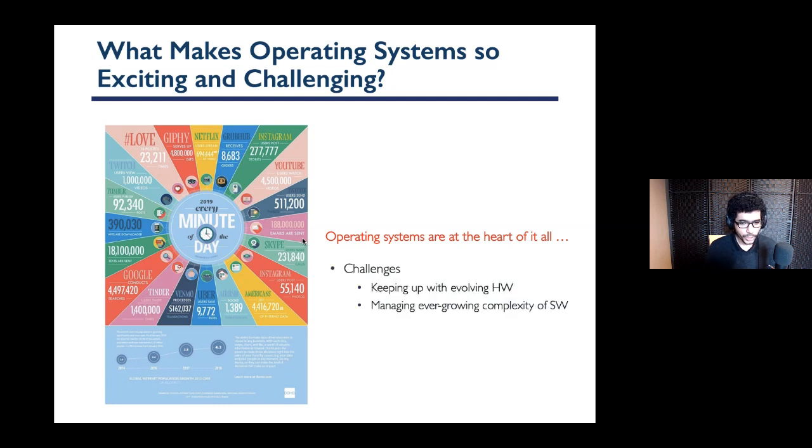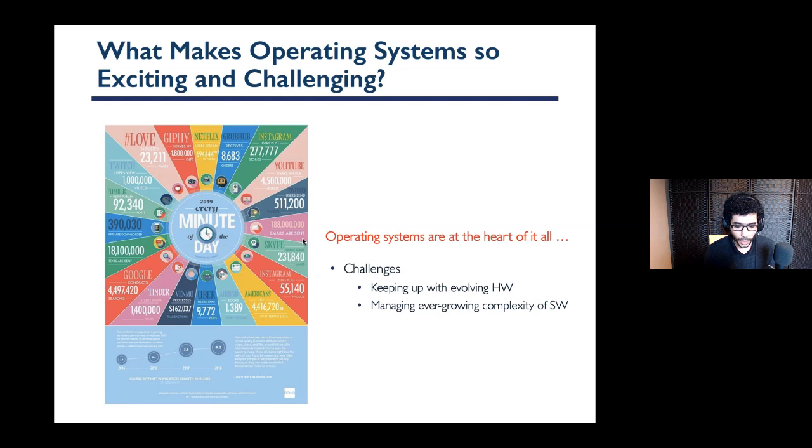Now, there are two challenges when it comes to operating systems. One is that the hardware is evolving. We have to keep up with the hardware that is ever evolving. And the complexity of our software is also ever growing. The programs that we're writing aren't getting simpler.